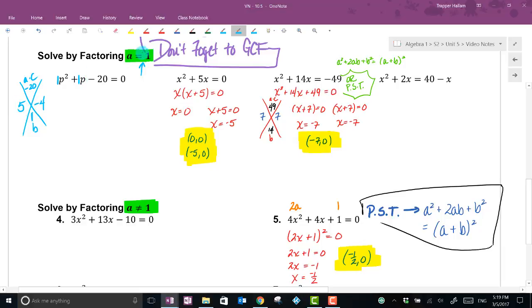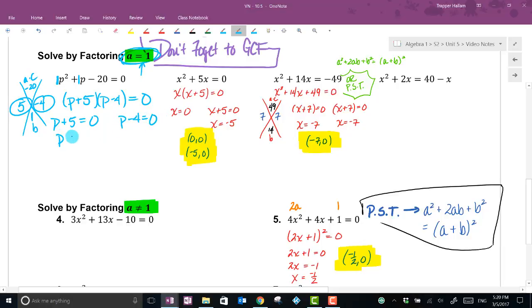So since a is 1 right here, we don't have to go any farther and do any grouping. All we have to do is go right to our factors, which will be p plus 5, this factor, and then times the quantity of p minus 4, this factor, and set that equal to 0. Now we're in factored form just like the one above, so we're going to set them equal to 0 by the zero product property, both of them, of course.